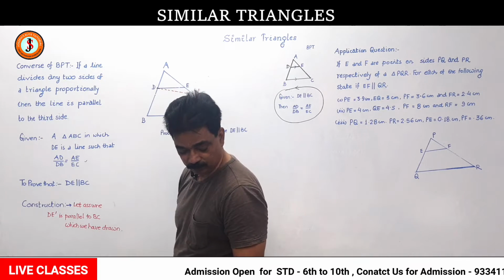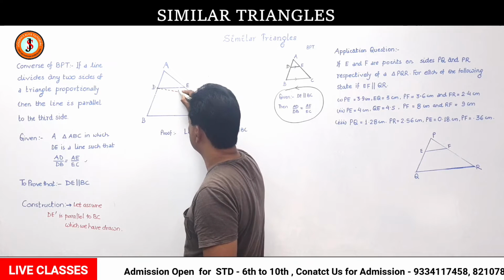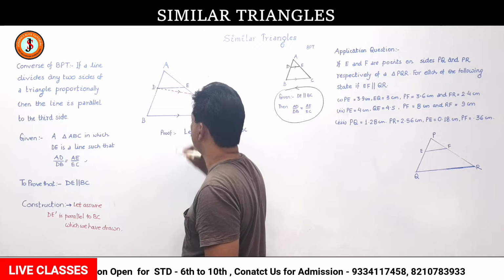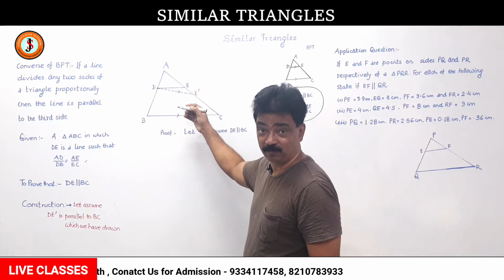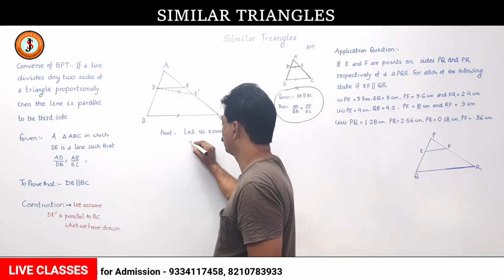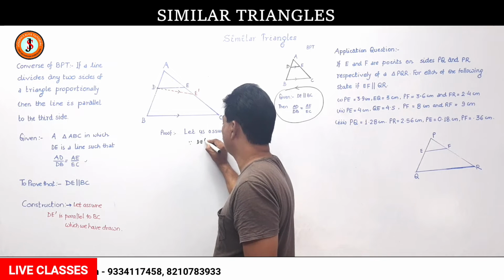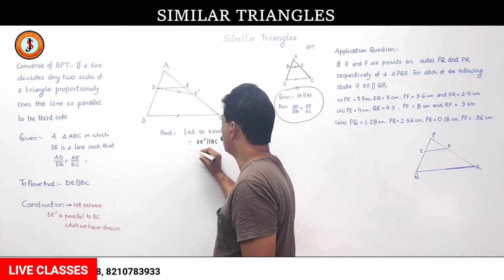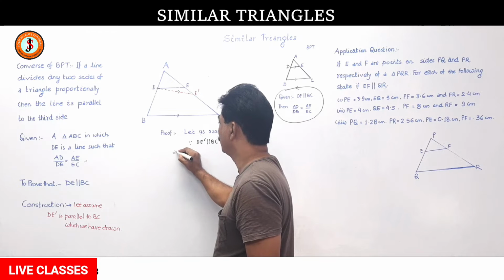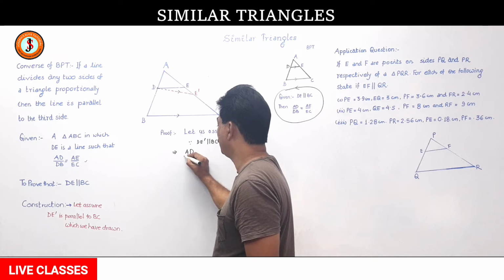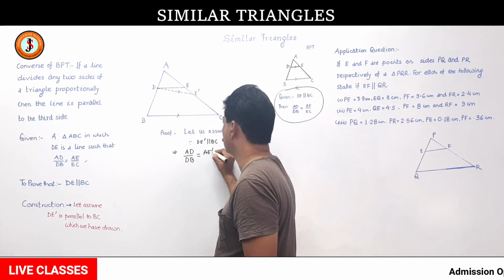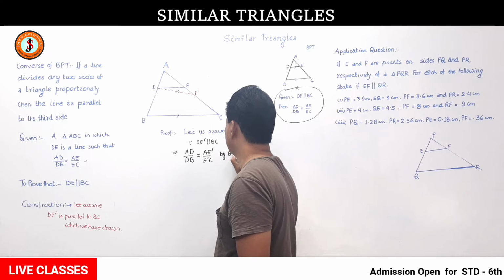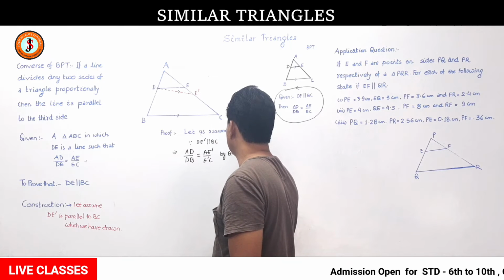Now, if DE dash by our assumption is parallel to BC, then we come to the application of BPT. BPT we can apply here. Since DE dash is parallel to BC, this implies that AD by DB is equal to AE dash by E dash C by BPT, and this we take as equation 1.